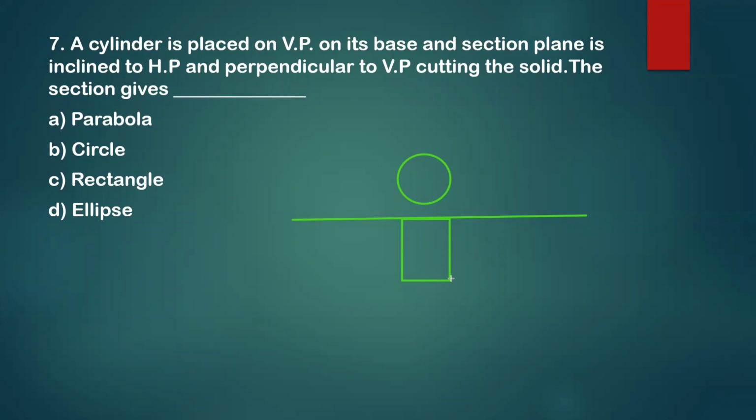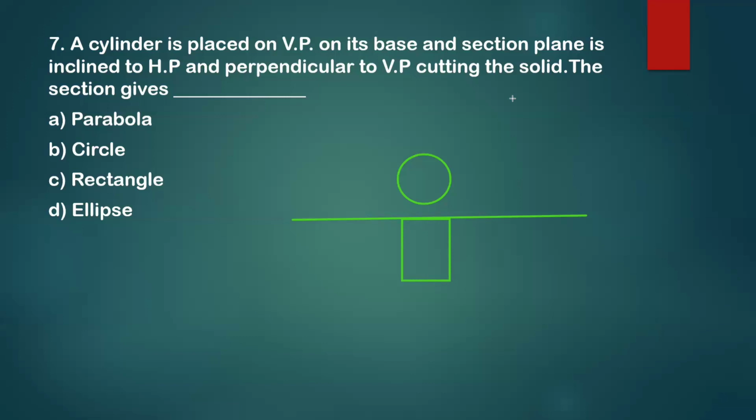Now the section plane is inclined to HP and perpendicular to the VP, and then cutting the solid. That means the section plane is inclined to the HP and perpendicular to the VP.